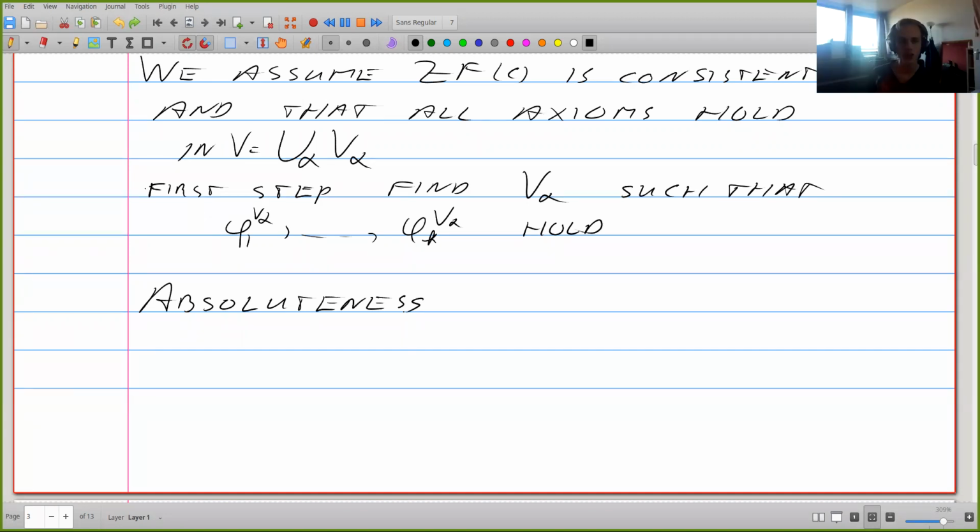Yeah, exactly. So I understand, but in what way is it then an additional assumption? Well, we assume that all the axioms hold in V, and for us that implies that V is a model, so implicitly we assume that it is consistent.